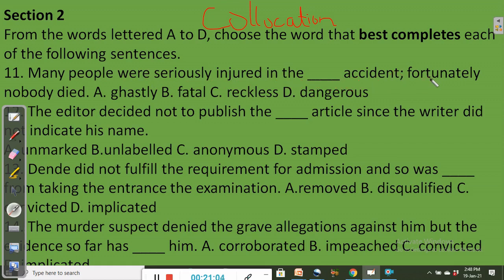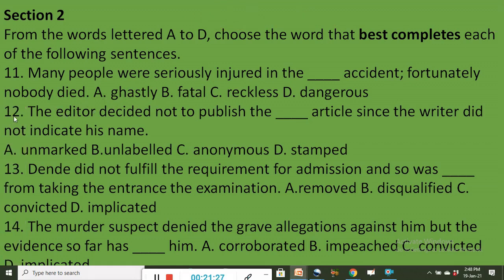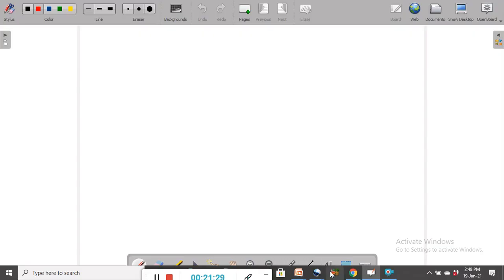The explanation now shows us the meaning. Fortunately, nobody died. If somebody died, it would be described as a fatal accident. But since nobody died and it was a serious accident, then we can say it was a ghastly accident, yet not a fatal one. All right, so let's look at it in this way.